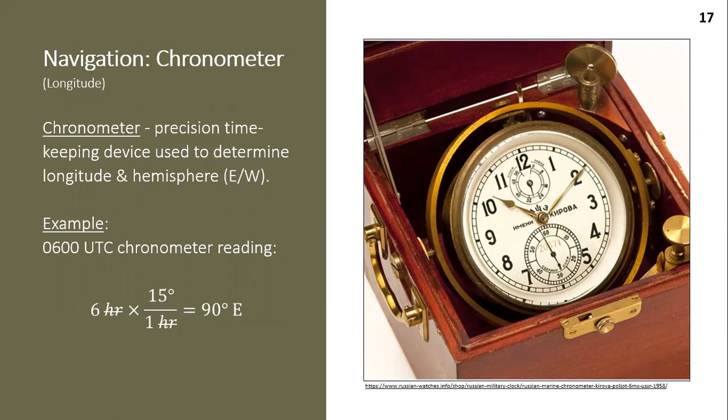Because the Earth rotates eastward at a rate of 15 degrees of longitude per hour, we can use this ratio to calculate local longitude. For example, a 0600 UTC chronometer reading taken during local noon would indicate a local longitude of 90 degrees east. Later in your lab assignment, we will use the chronometer readings to determine position and longitude and to determine if you're located in the eastern or western hemispheres.